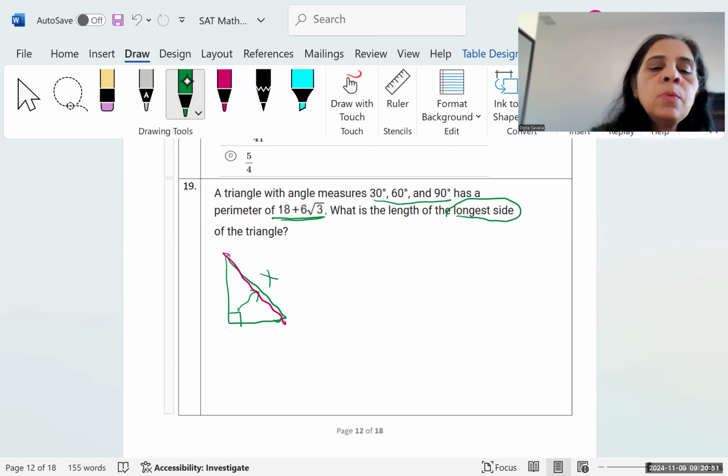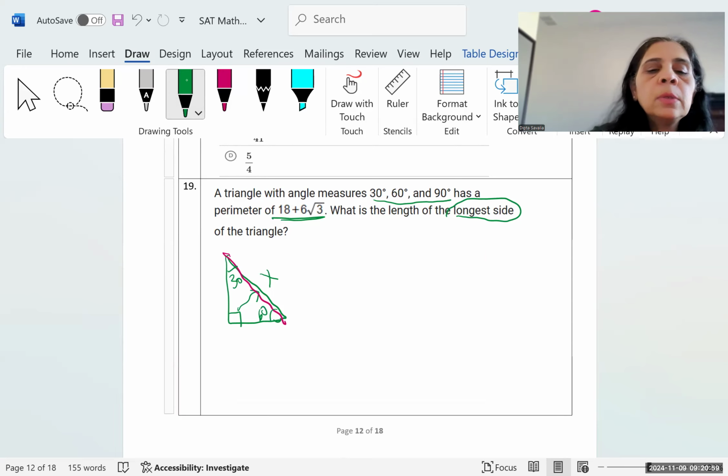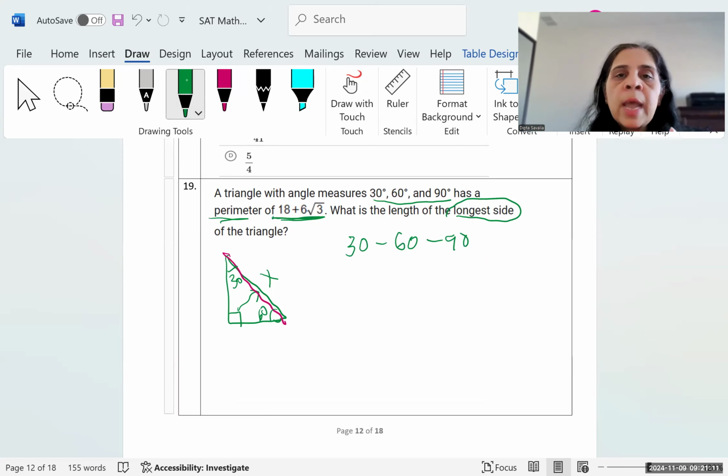All right, now it says 30, 60, 90. Here is 30, and that is 60. It doesn't matter which angle you choose, 30 or 60. We just saw this example, right? We don't have any more information. It says just perimeter. Perimeter means add all sides.